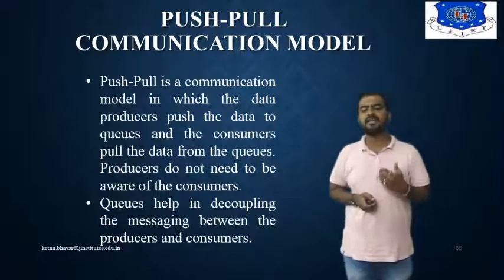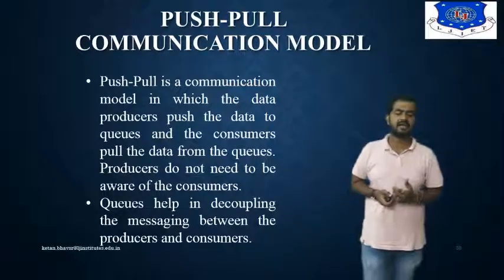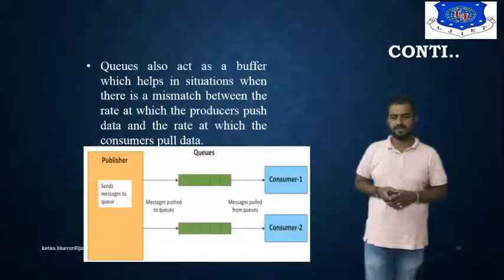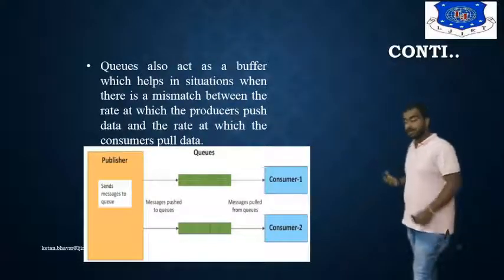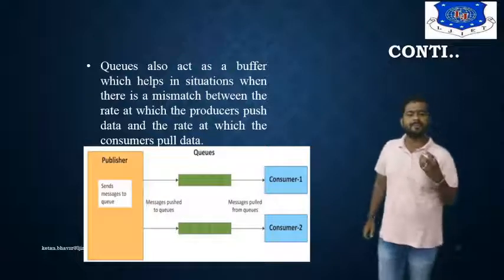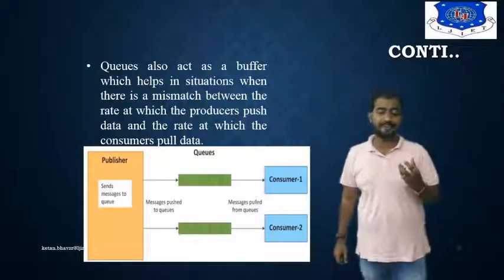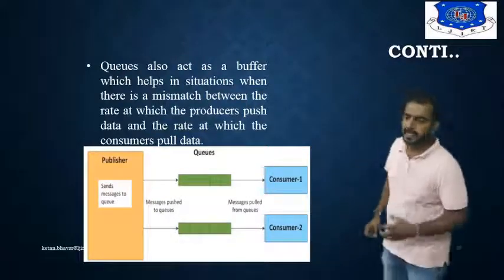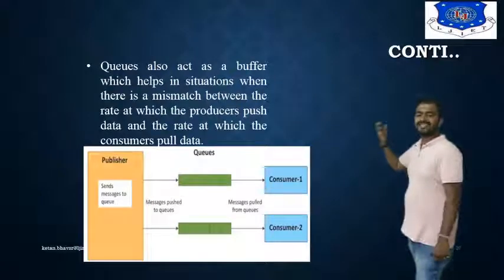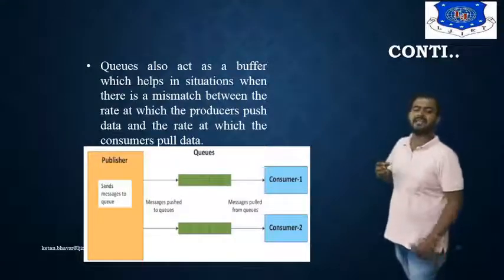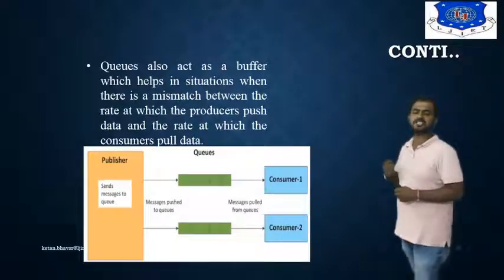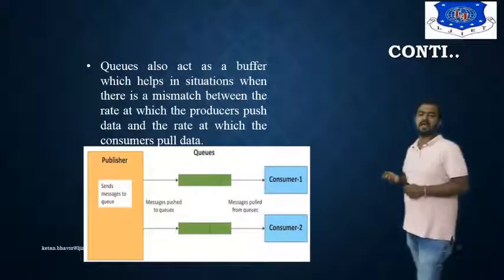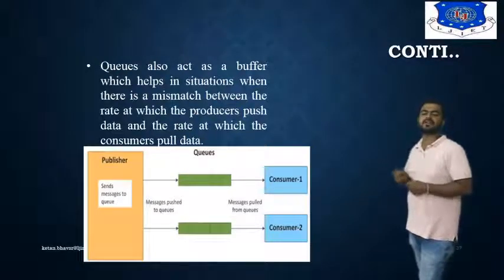The queue also acts as a buffer. Buffer means it is generally used to provide temporary storage. The queue acts as a buffer which helps in situations when there is a mismatch between the rate at which the producer pushes the data and the rate at which the consumer pulls the data.